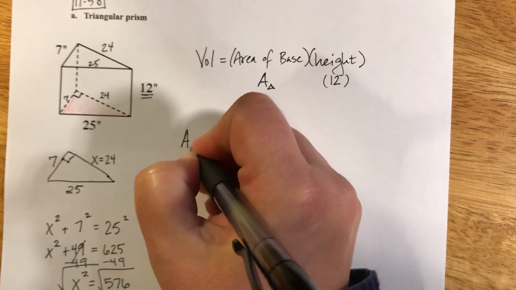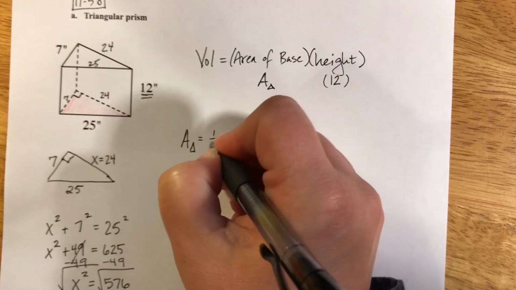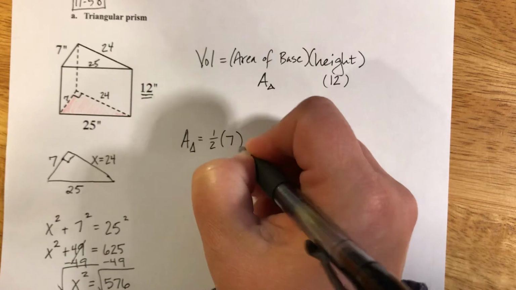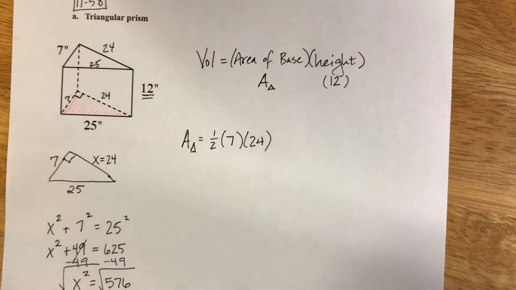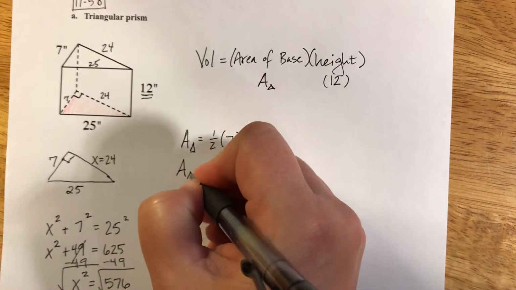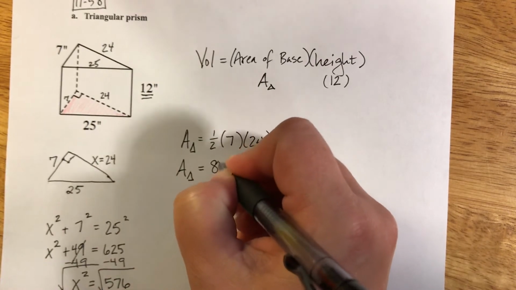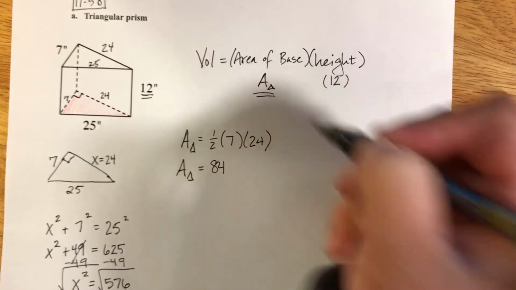So, area of a triangle is going to be 1/2 times the base times the height. So I'm going to use 7 for the base of my triangle and 24 for the height of my triangle. When I multiply that out, I get 24 times 7 divided by 2, which gives me that the area of my triangle is 84. So that's what I'm going to put in here.